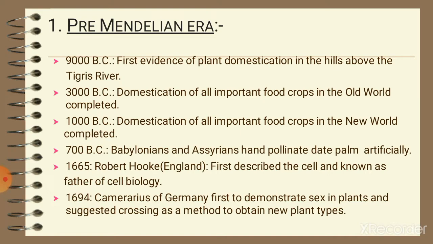Then, in 700 BC, Babylonians and Assyrians hand-pollinated date palm artificially. In 1665, Robert Hooke from England first described the cell, and therefore he is known as the father of cell biology. In 1694, Camerarius of Germany first demonstrated sex in plants and suggested crossing as a method to obtain new plant types.